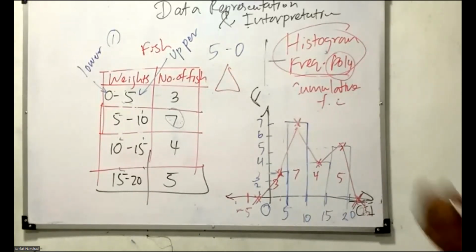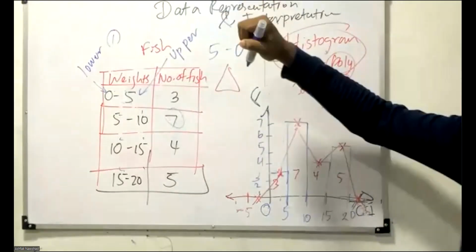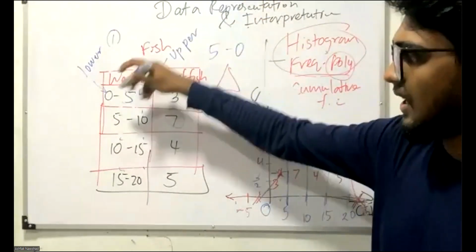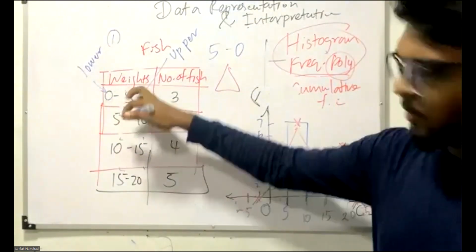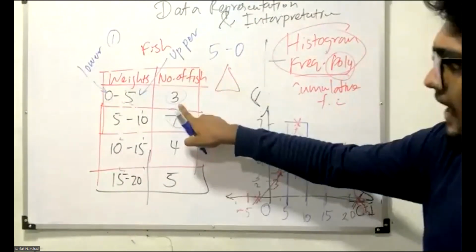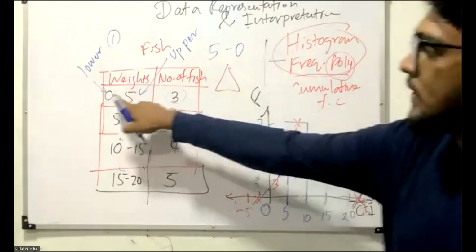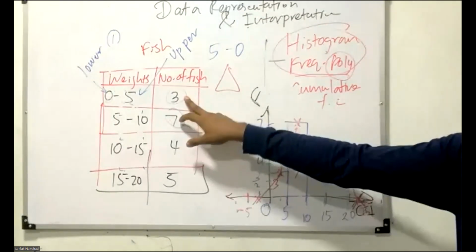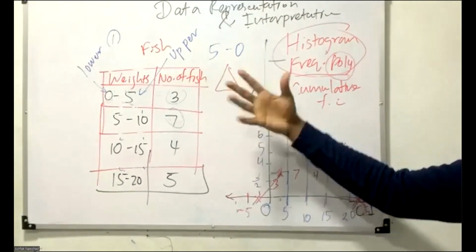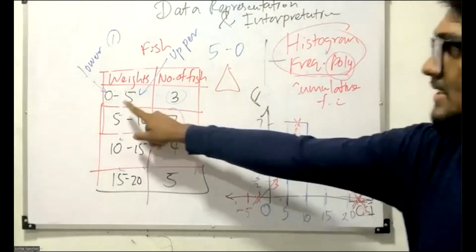So upper limit and lower limit, I'll explain again. A class interval starts with a number and ends with a number. Here we can see there are 3 fish weighing between 0 and 5 kilos. For example, one fish may be 1 kilo, another one may be less than 5, sorry.